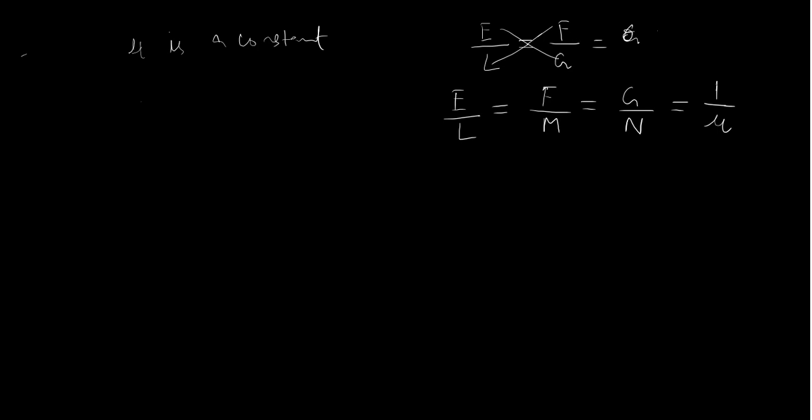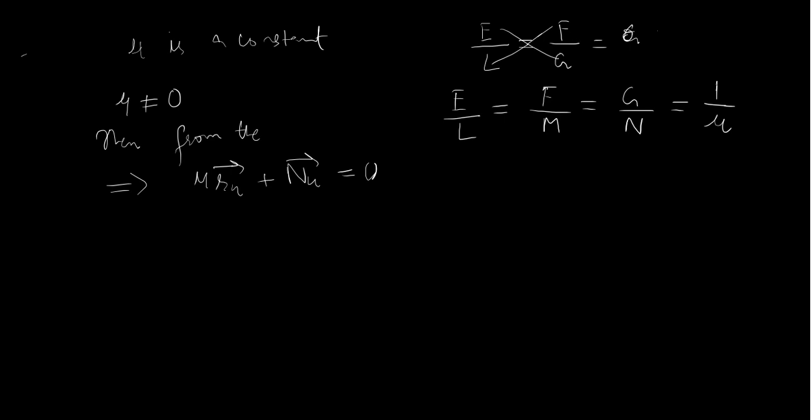Now there were two cases. Suppose mu was not equal to 0, then from the equation mu r sub u plus n sub u is equal to 0, you will get r sub u is equal to minus n sub u divided by mu.